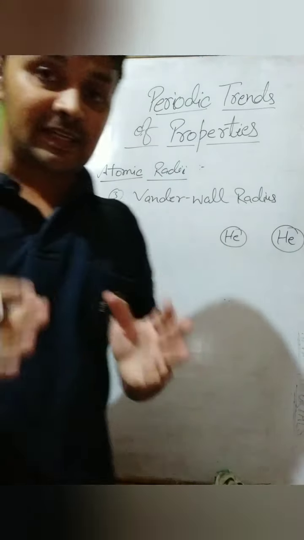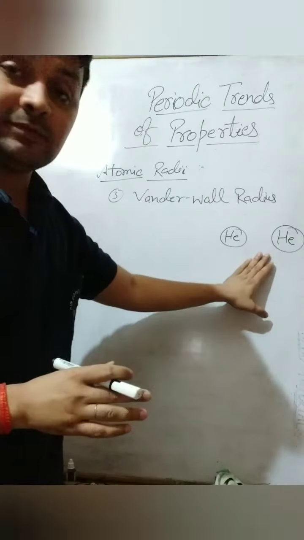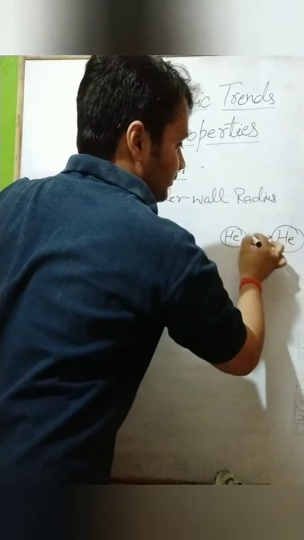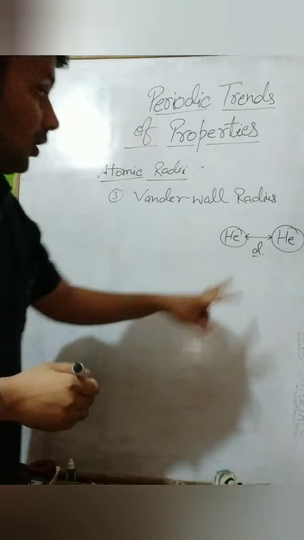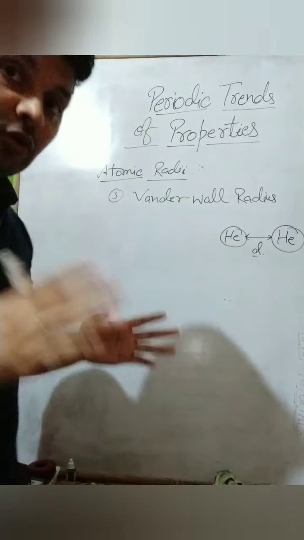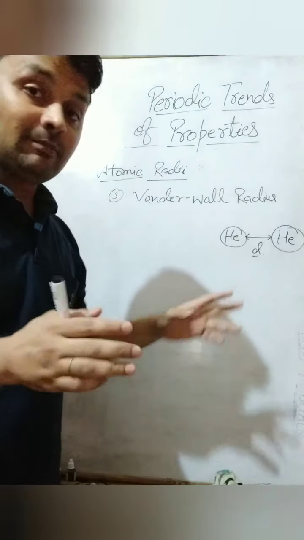The minimum distance at which the two helium atoms can be placed, if we consider this minimum distance as d, we calculate the distance d of two of these monoatomic elements which do not combine with each other.